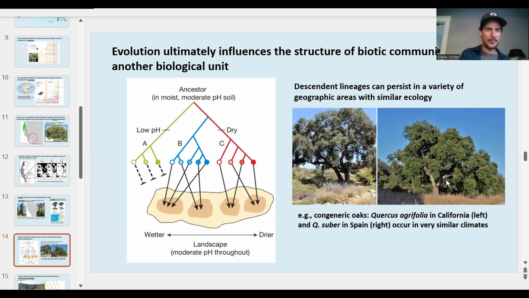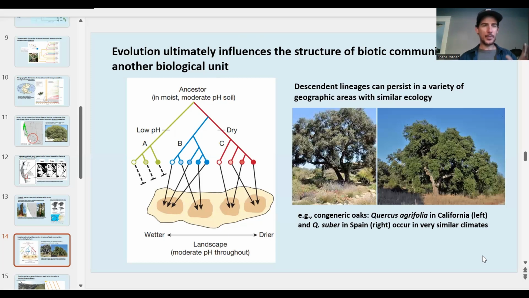And of course, California and Spain are very, very far apart from one another. But as it turns out, they have very similar climates. And so, by virtue of the model we see in the cartoon, lineages of these oaks have been able to diversify across the globe into areas that are very broadly separated geographically, but that are not too different climatically from what their ancestors were pre-adapted to deal with.